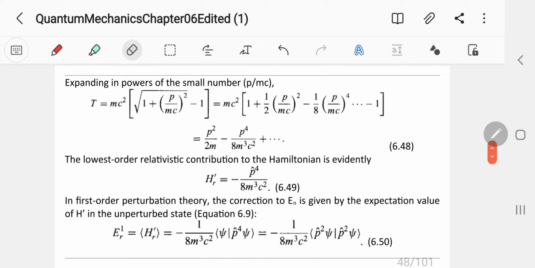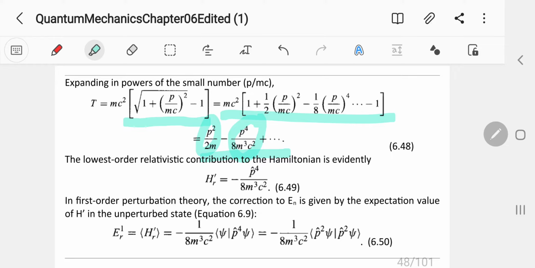So expanding in powers of the small number p over mc, we will have T equals mc squared times this quantity here, and we expand this. This one is just the classical kinetic energy. This one is the relativistic contribution to the Hamiltonian.